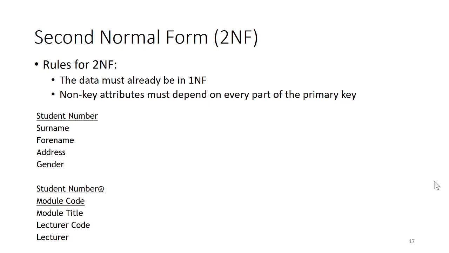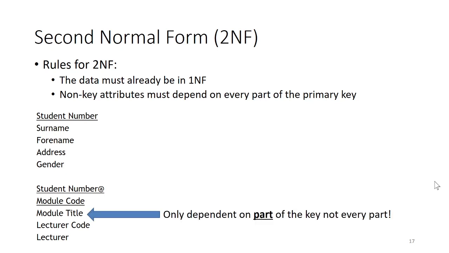So this is correct. So what about this part? We have two parts in the primary key, which are the student number and module code. So we are going to check if each individual non-key attribute has this dependency.